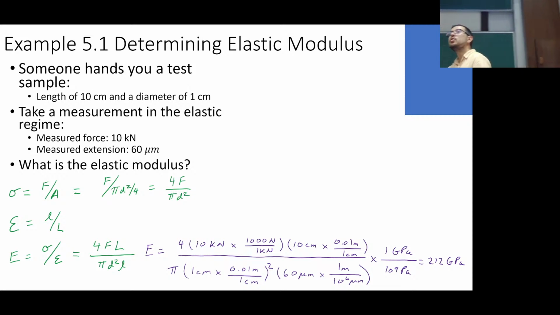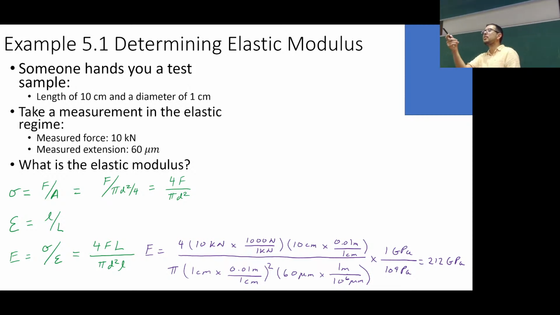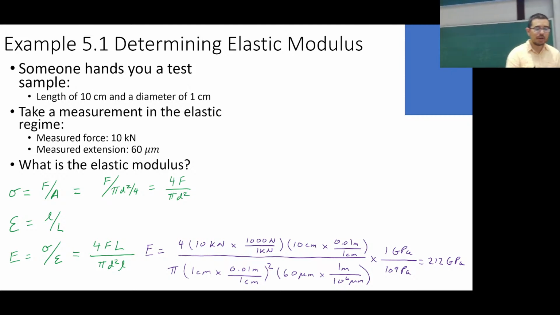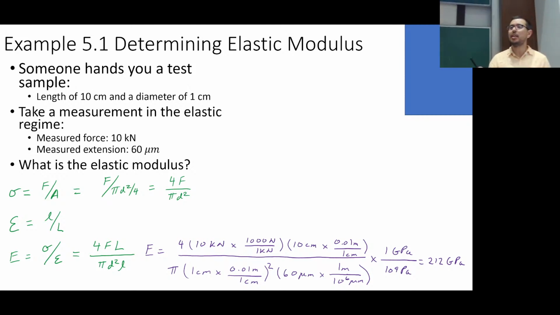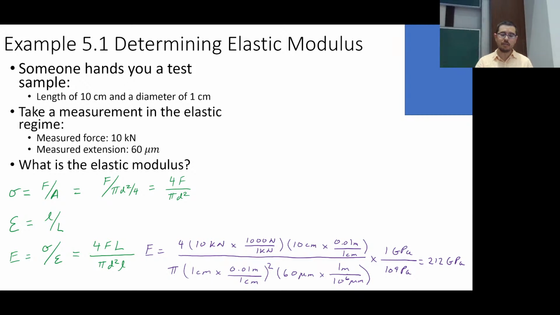And as someone pointed out, who was it, who said the elastic modulus of steel? What's your name? Andrew. Okay, so as Andrew pointed out, the elastic modulus of steel is typically around 210 gigapascals or 200 gigapascals. So there's a good chance that this material is steel.